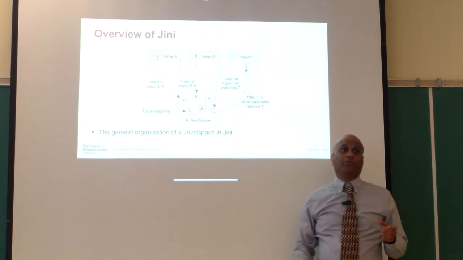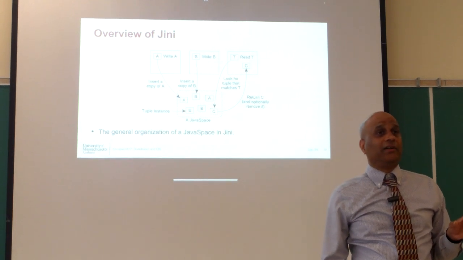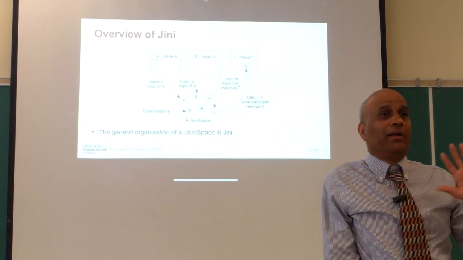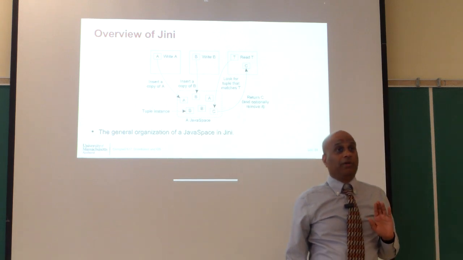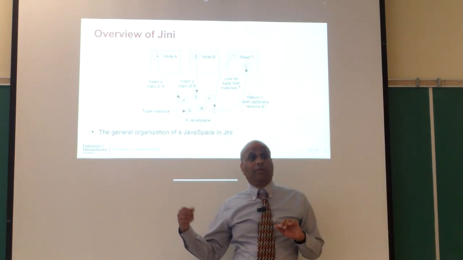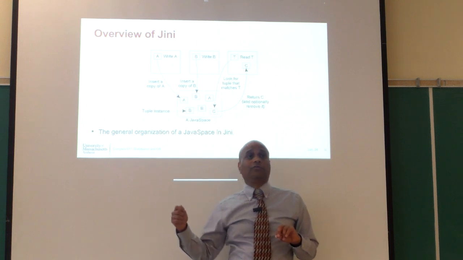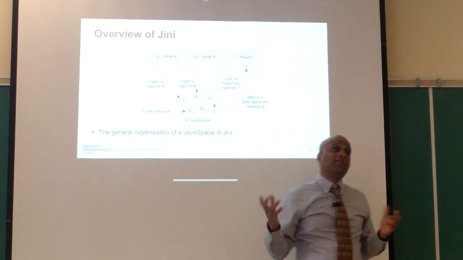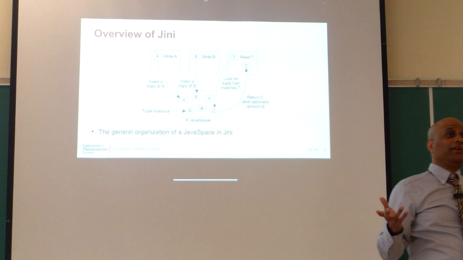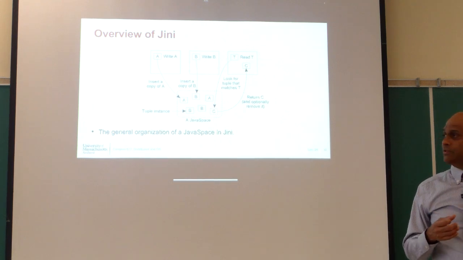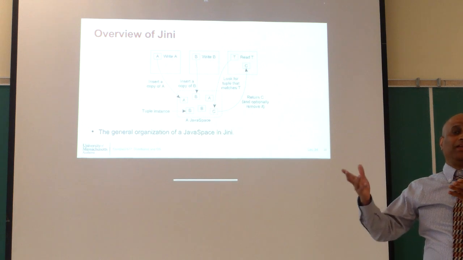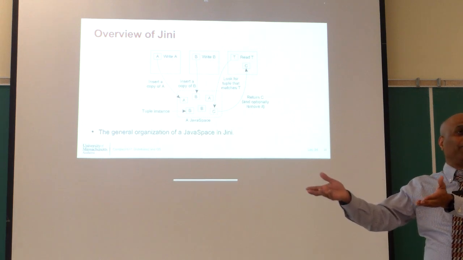That depends on whether the messages you are inserting have one recipient or many recipients. You don't need to name the recipient ahead of time. If it's just one recipient, then the first time a recipient comes along and looks for C, you can delete C. But if it's many recipients, then you don't remove it. You can think of examples in the real world where you might be trying to find a lab partner.